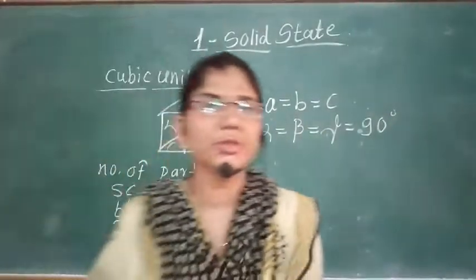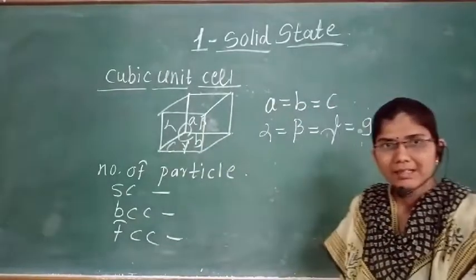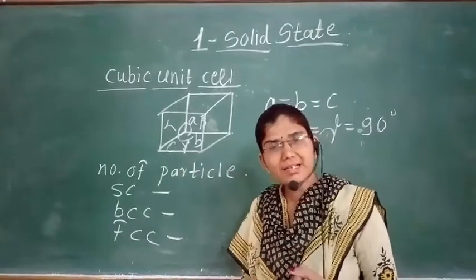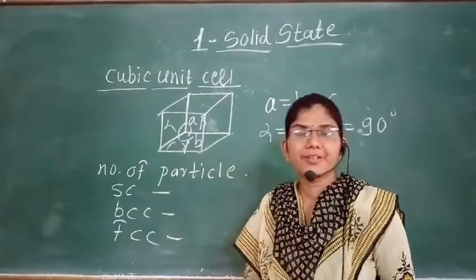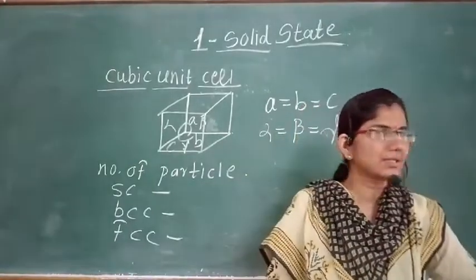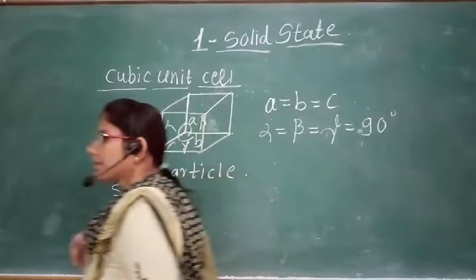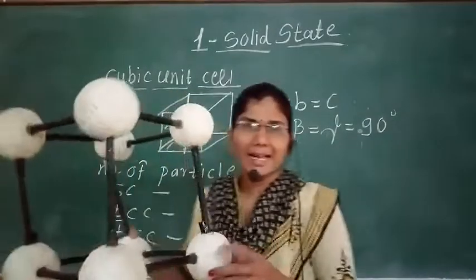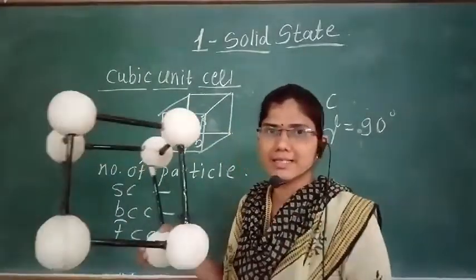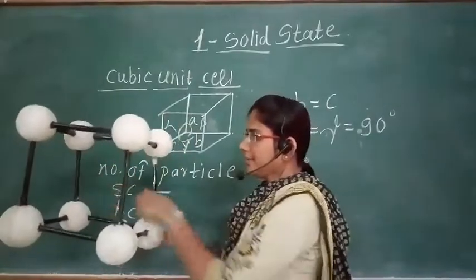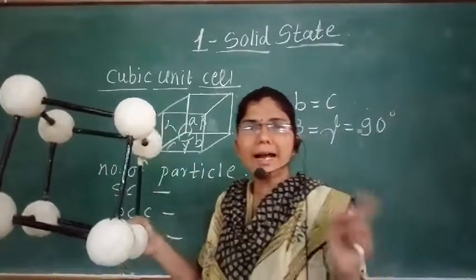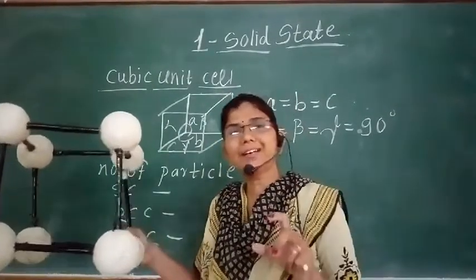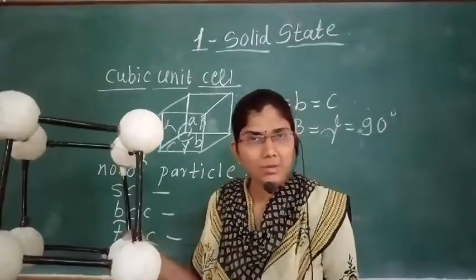So this is the cubic unit cell, and next to that we have seen the number of particles per simple cubic unit cell, body centered cubic unit cell and face centered cubic unit cell. First, the number of particles per simple cubic unit cell. Suppose this is our simple cubic unit cell, and it has 8 corners, and each corner has only 1/8 part of one particle.